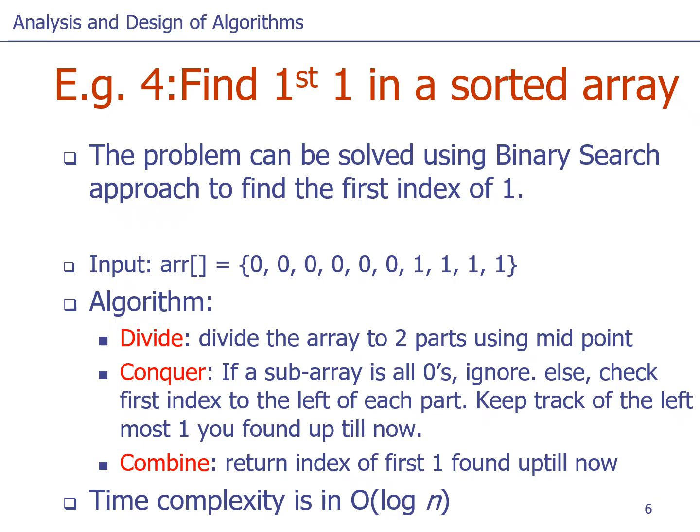Okay? So I will continue working with the right subarray. I will completely ignore the left subarray. And this is again the idea of binary search. Now, but now we start deviating from binary search.